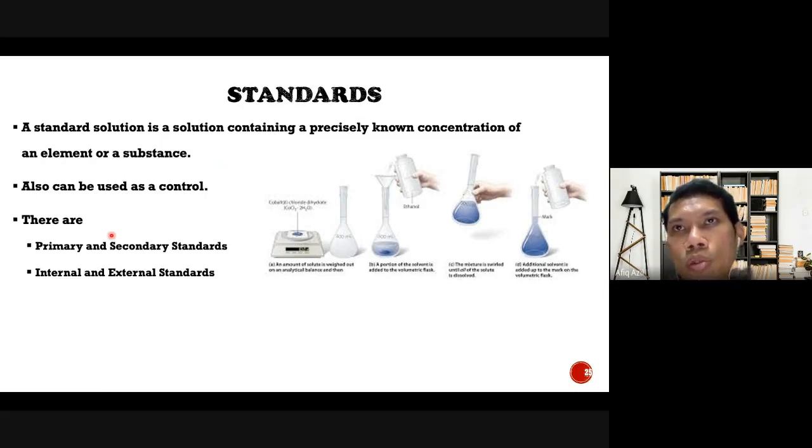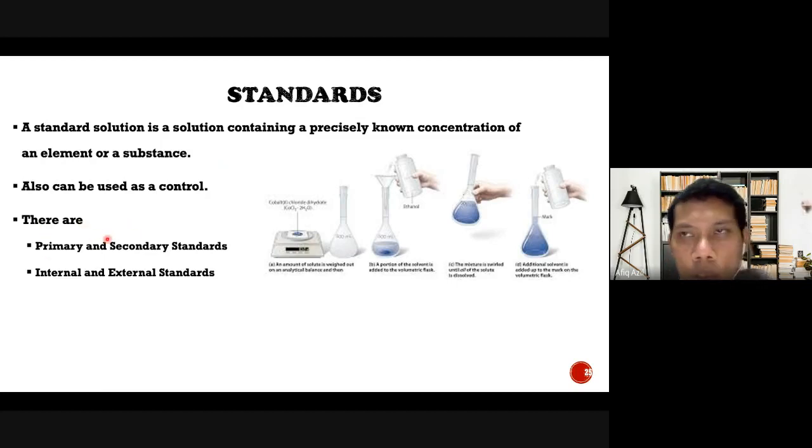This has to be done by referring to a standard. A standard is something that you already know the concentration and identity of. It needs to be measured first, so that when you run your sample, you can straight away refer to it: the second peak, appearing at maybe 5 minutes, is the chloroquine, for example.